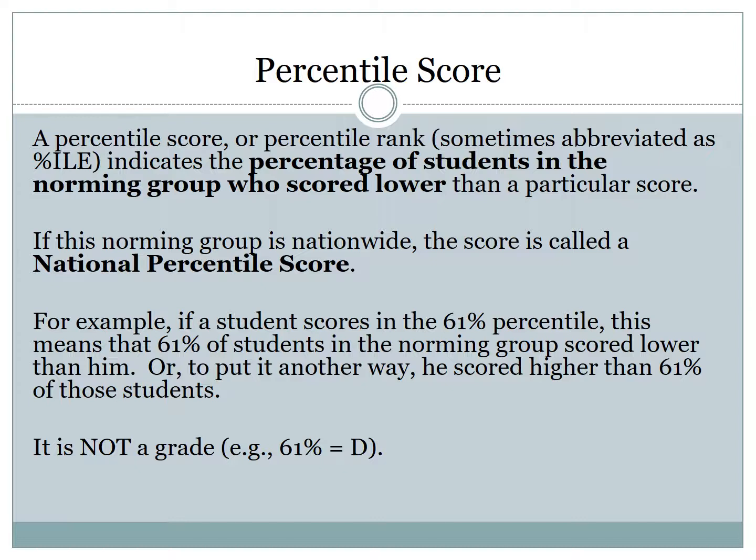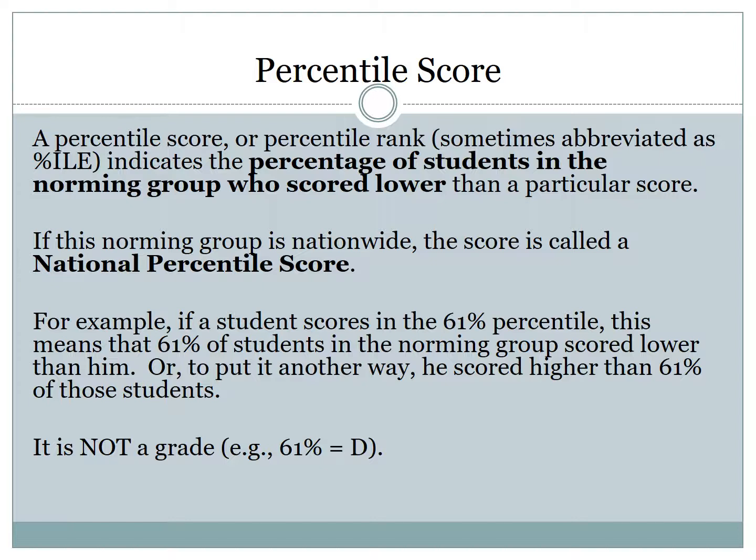A percentile score or percentile rank indicates the percentage of students in the norming group who scored lower than a particular score. The norming group is the group of tens or hundreds of thousands of students they gave this test to at the beginning to derive what the normal scores are.